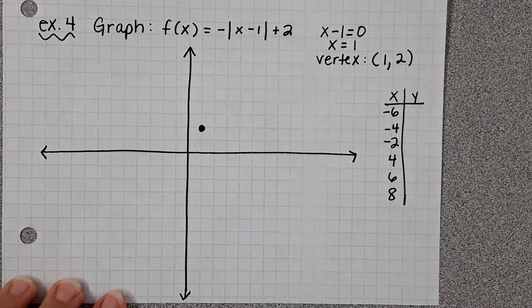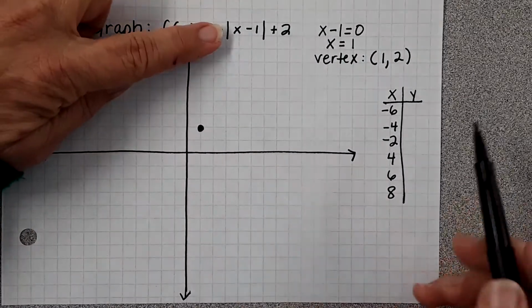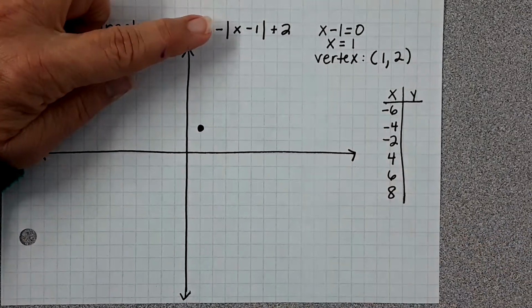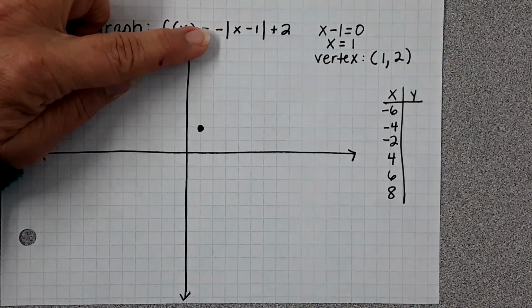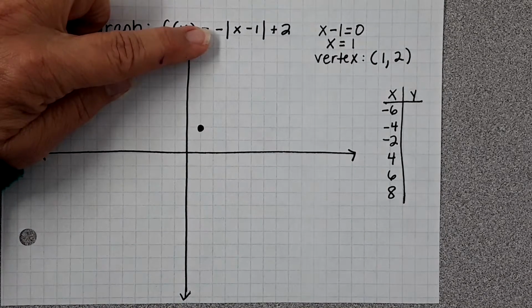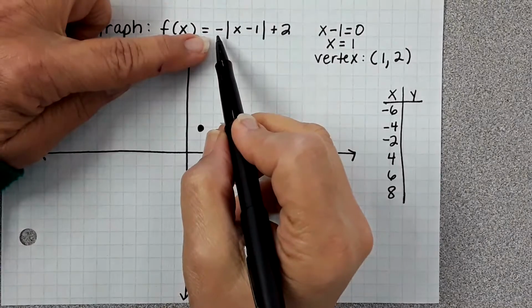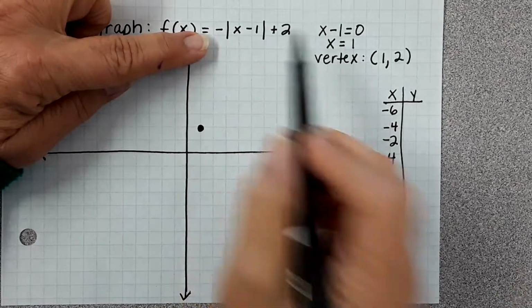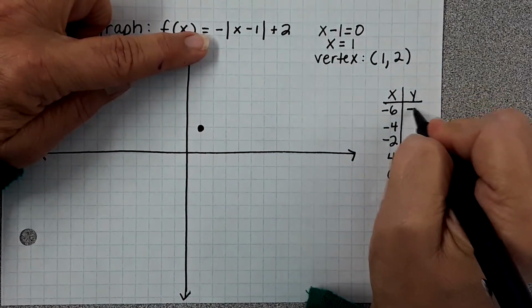Now when you plug them in, we're going to use the negative. So -6 minus 1. What is -6 minus 1? -7. What is the absolute value of -7? 7. But I want the opposite of +7, which is -7. So -7 plus 2 is -5.